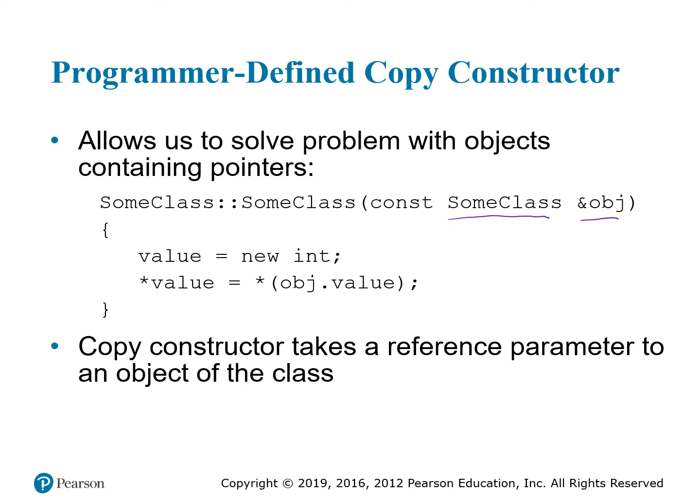So now if we say A equals B, B is pointing to 12 in memory here. We create a new int. So A is now pointing to an empty int size box of memory. And then we copy the value over. So A is now pointing to a new memory space that has the same contents.